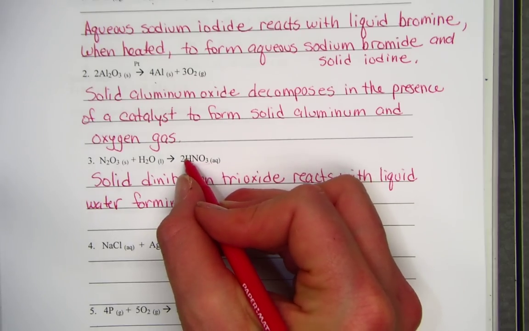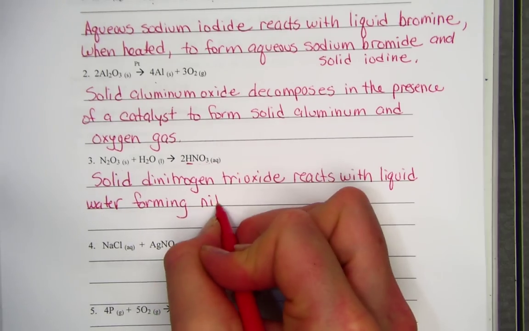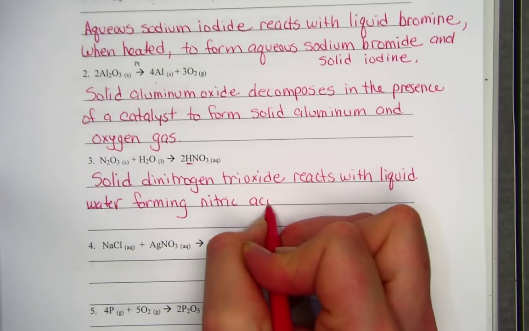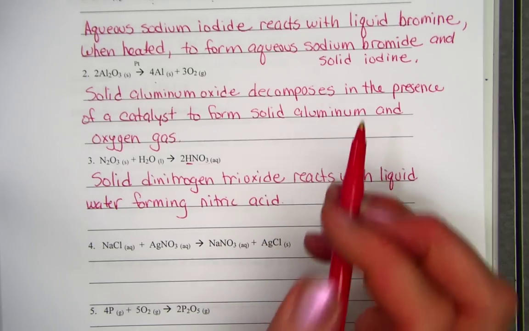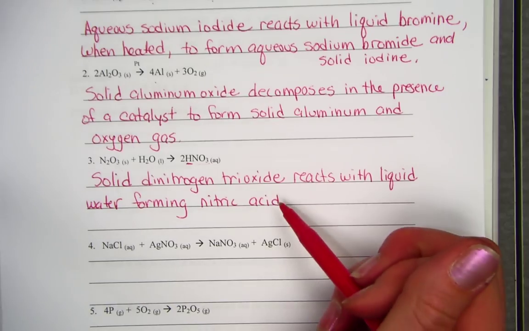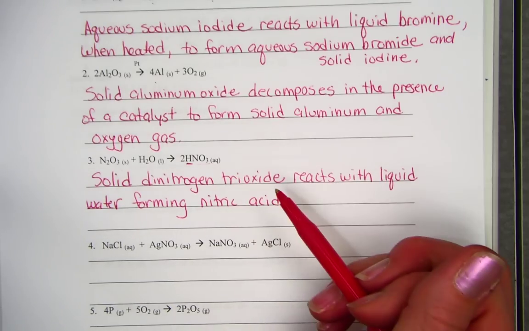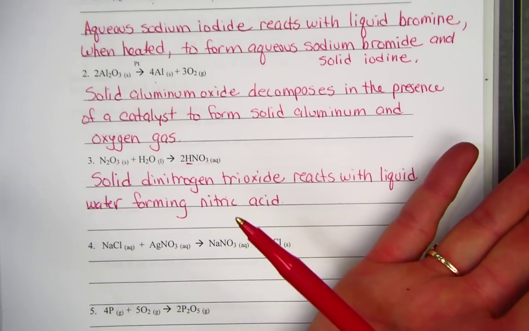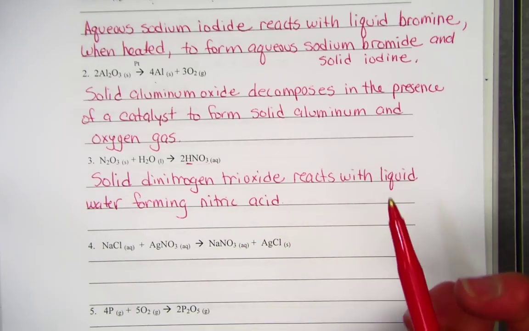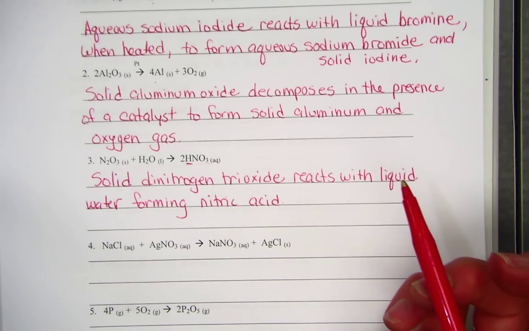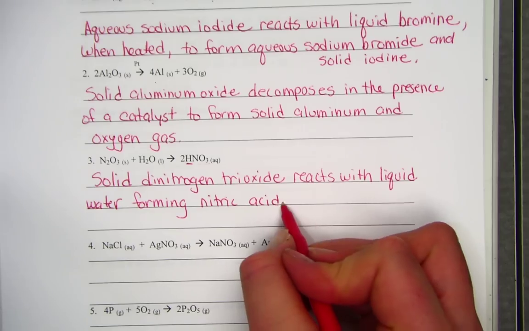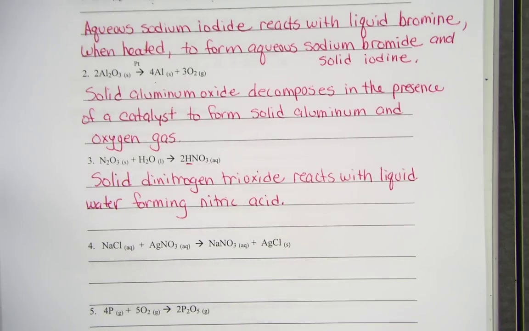Ate turns to ic, and we get nitric acid. And let me just stress here, acids are always aqueous. It's redundant to write aqueous acid. You may certainly do it, I wouldn't mark you wrong, but it's not necessary for acids to say that they're aqueous. We know they are. Solid dinitrogen trioxide reacts with liquid water, forming nitric acid.